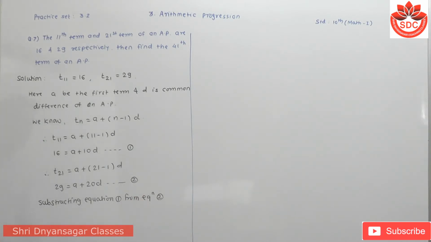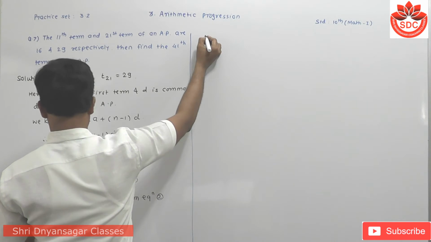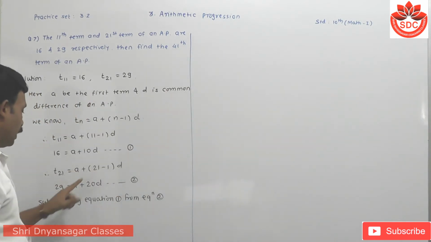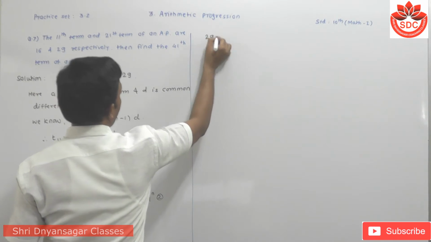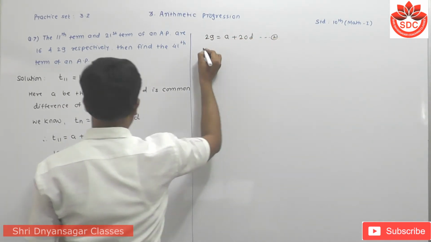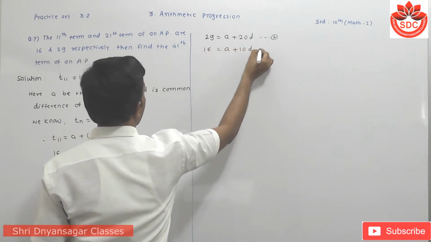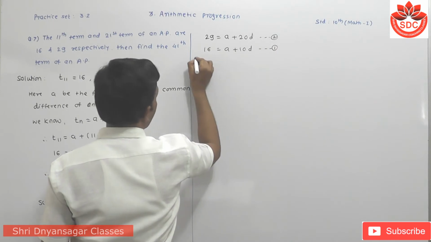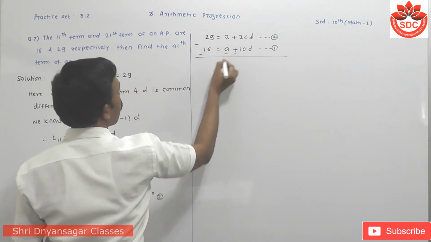We write the first equation as 16 is equal to a plus 10d and the second as 29 is equal to a plus 20d. We subtract the first from the second, so the signs of the first equation change.